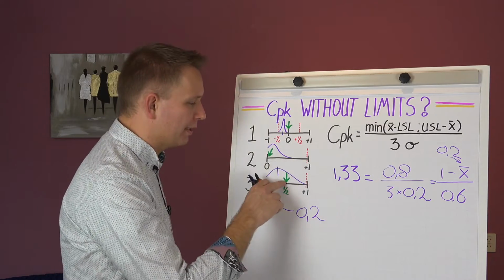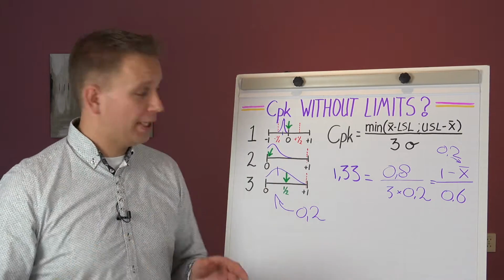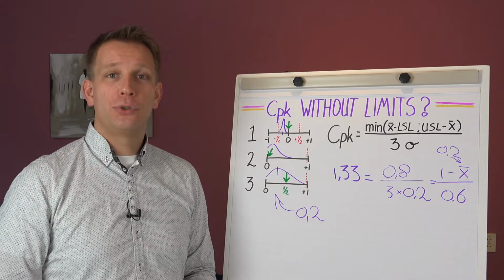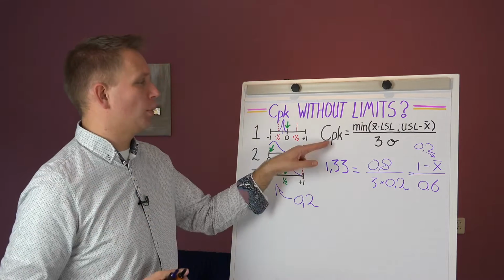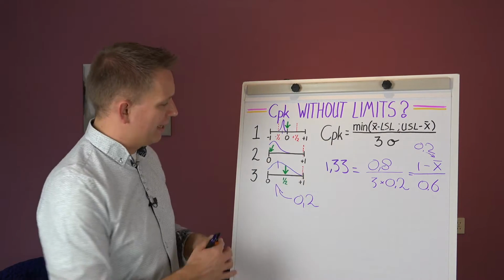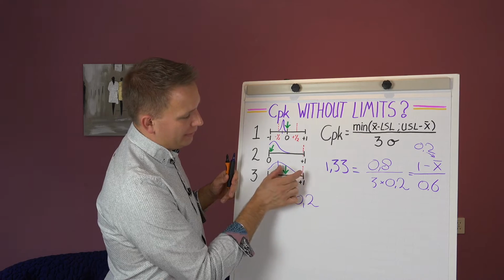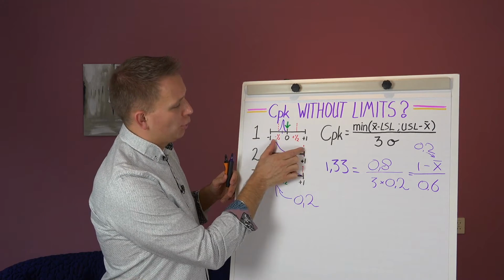Although for these, the best way to calculate your sigma is to only use the tail towards that side of your limit. Because that is basically what CPK wants to know. How many standard deviations of room do I have?